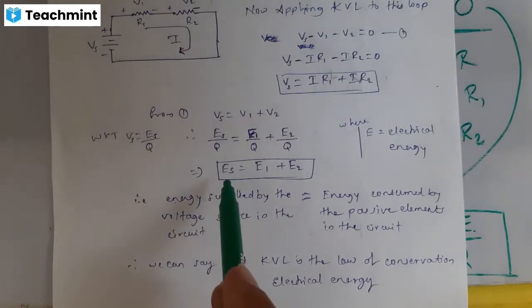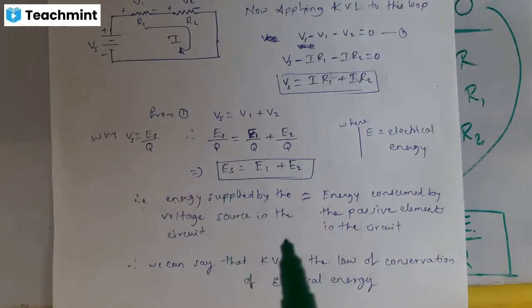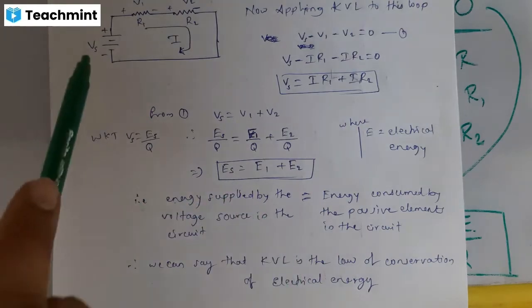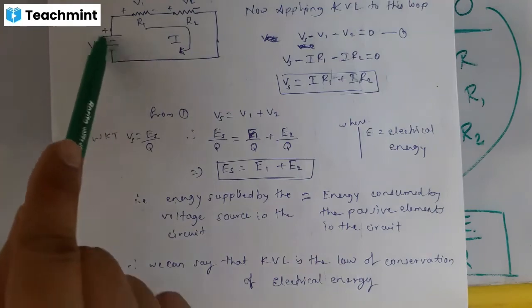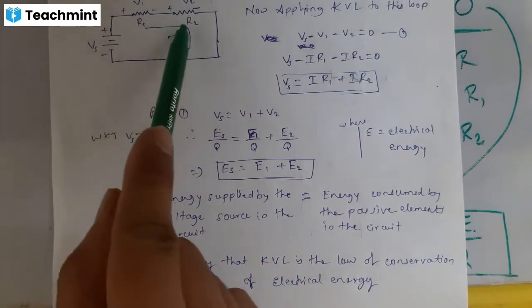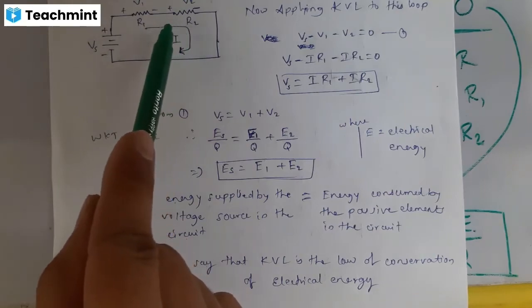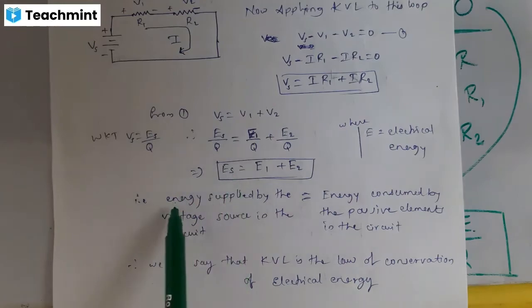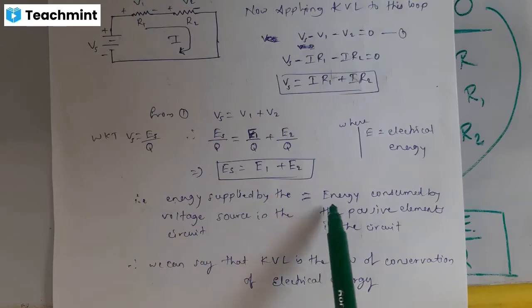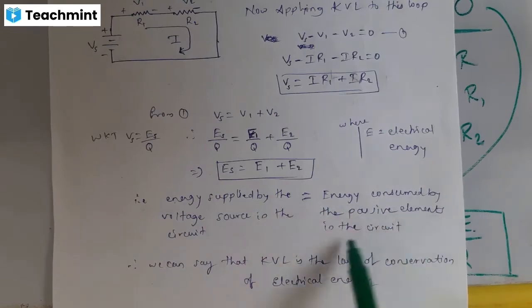Es is the electrical energy supplied by the voltage source. Here Vs is the voltage source, supplying the Es energy. This is the only one supplying the energy. R1 and R2 are consuming the electrical energy. Who is supplying? Vs is supplying. So Es is the energy supplied by the voltage source in the circuit, and that equals the energy consumed by the passive elements in the circuit.